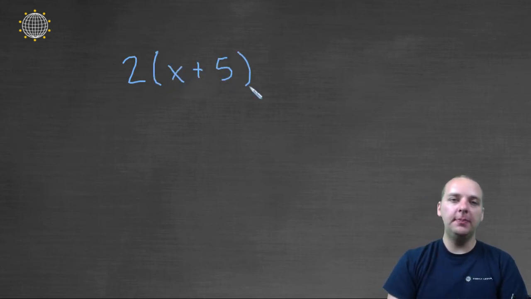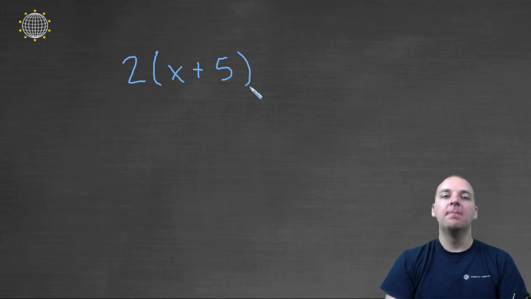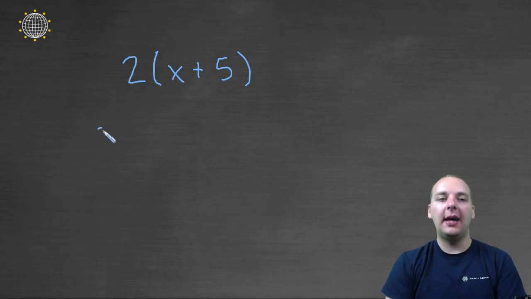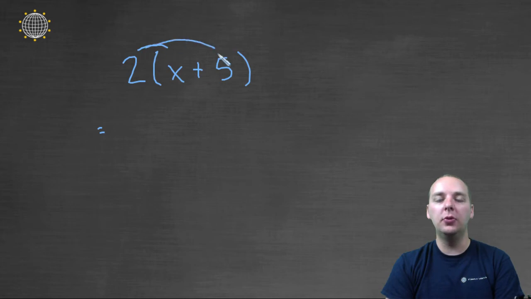Okay, so let's close with a couple more examples. If I had 2 parentheses x plus 5, would this be an expression or an equation? This would be an expression because it's not set equal to anything. There's not something that x really needs to be or anything like that. It's just a collection of terms. Now, if they asked us to rewrite this or distribute the 2, that's fine.